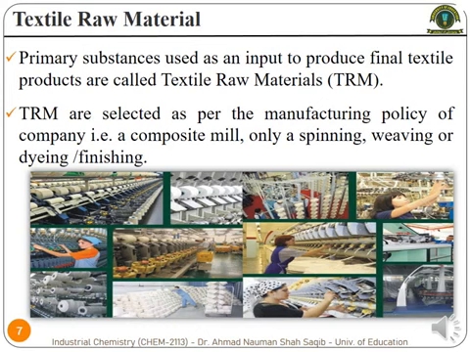So now next we will move towards another important parameter for any industry, which is the raw material. So what are textile raw materials? Any substance or material which is used for the manufacturing of a textile product is called a textile raw material.